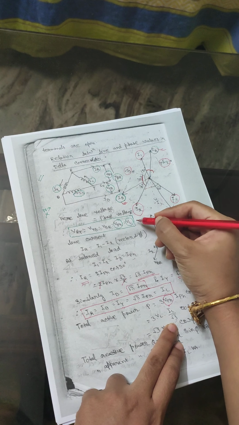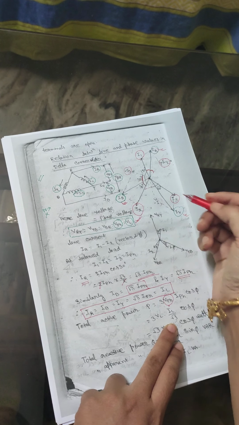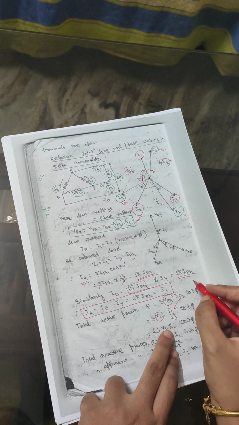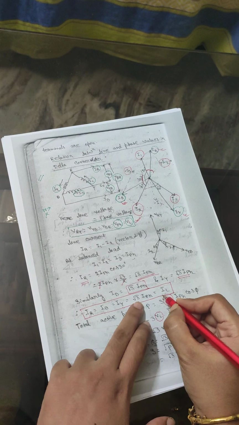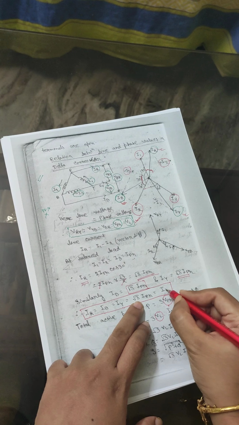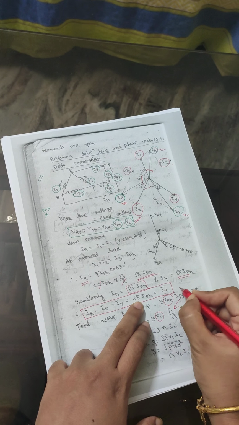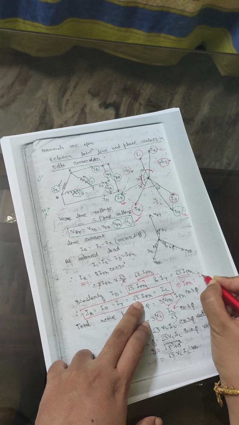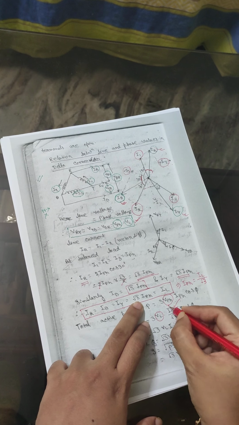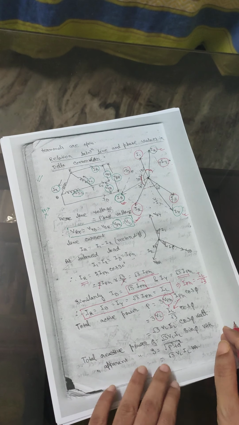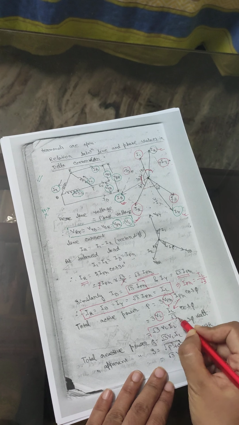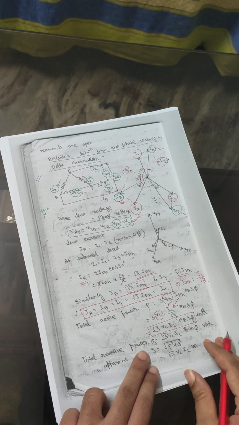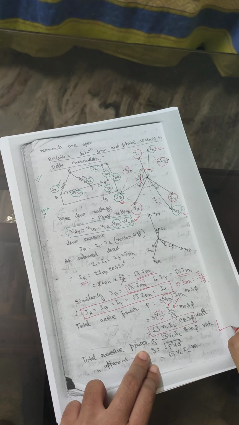V phase equals VL, so put VL here, and I phase equals IL by root 3, put that over there. With cos phi, ultimately we get root 3 VL IL cos phi.